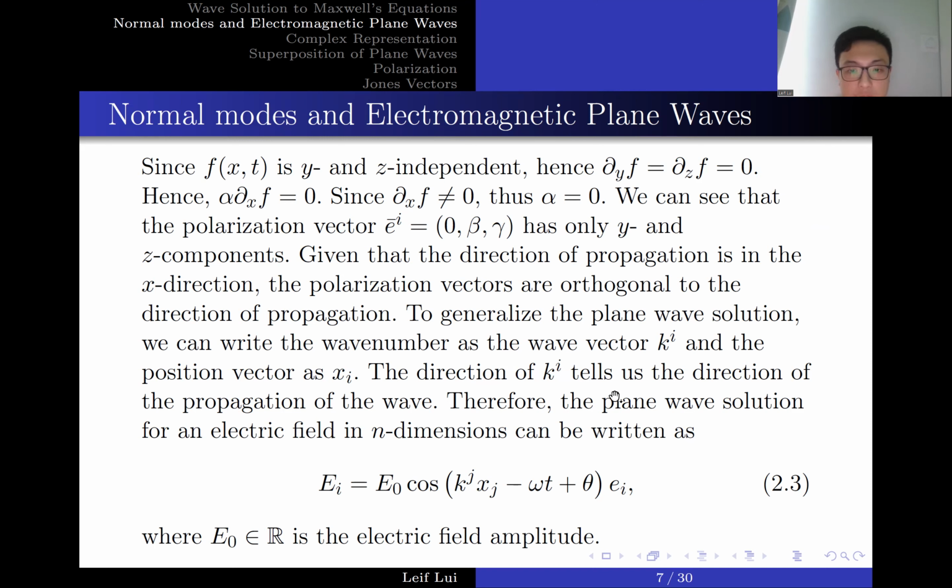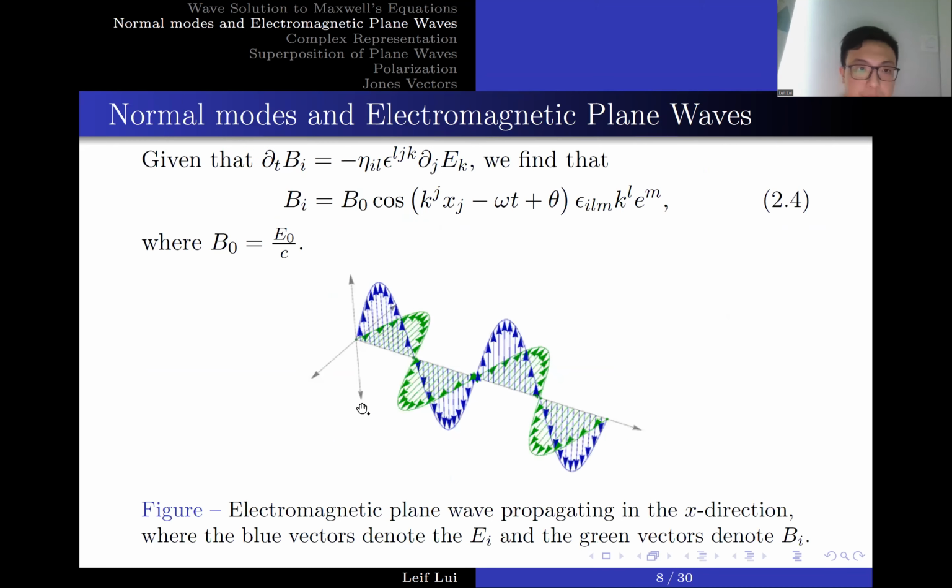And therefore, the plane wave solution can be written as follows. This should be an E bar, by the way. This is a mistake here. This should be E bar, not E sub i. And E naught is the electric field amplitude. Basically, this should also be E bar, by the way. This is also a mistake, but it's not really that big.